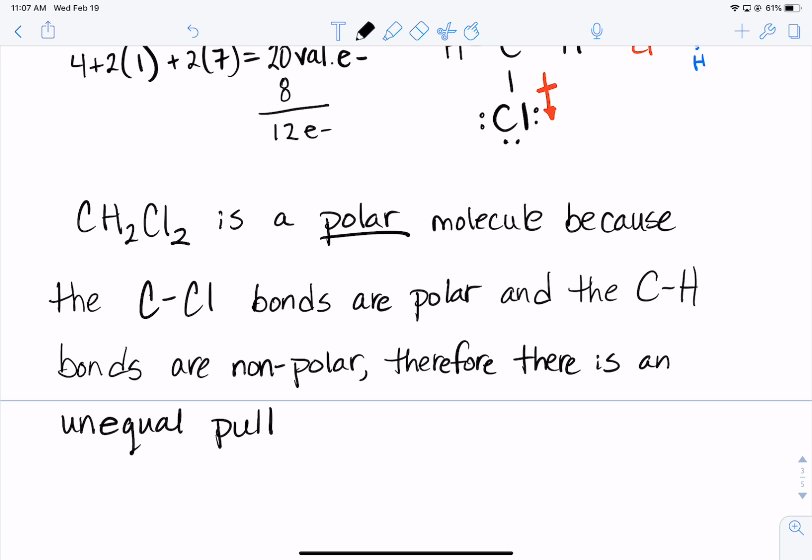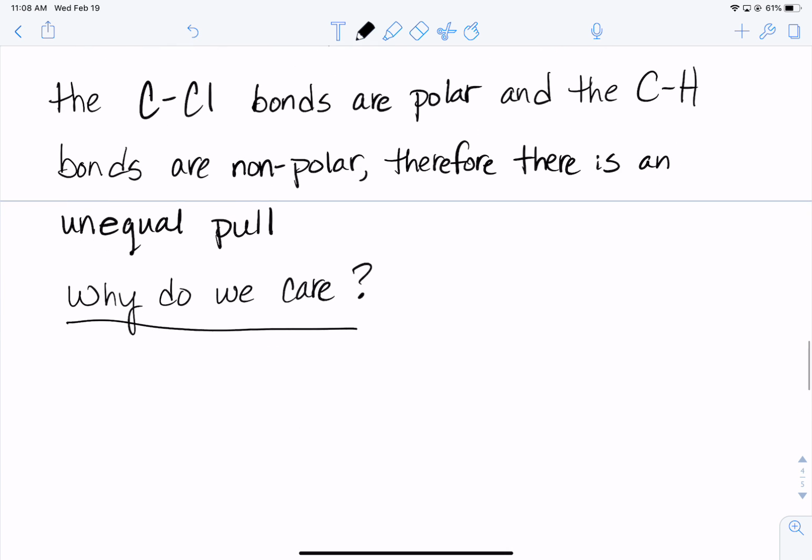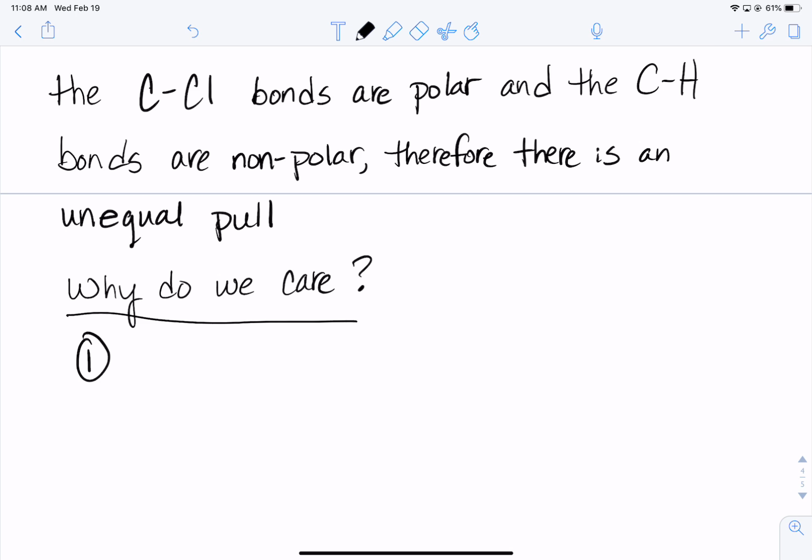And I'm going to leave you with this. Why do we care? Well, number one, polar dissolves polar.